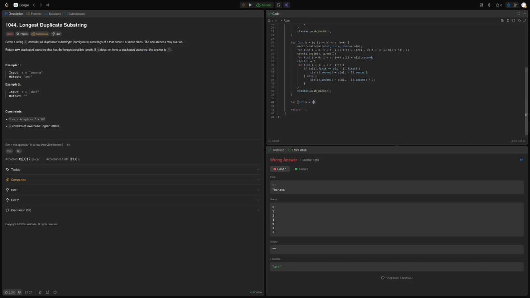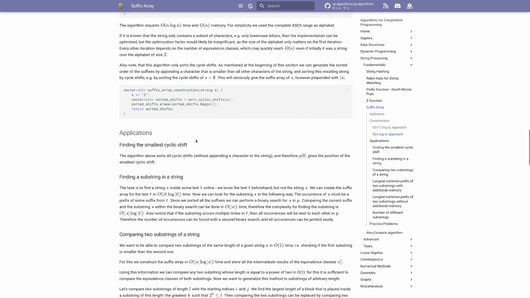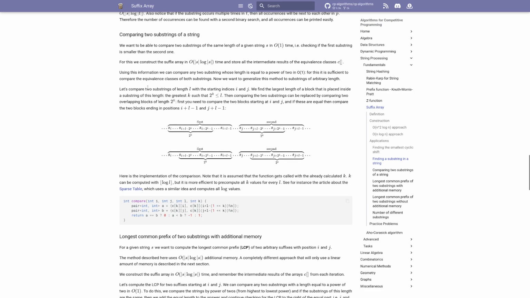For int k, classes size minus 1, k minus minus. Okay, so we are here now. I got the biggest class. If they are equal by the biggest class, application comparing two substrings.